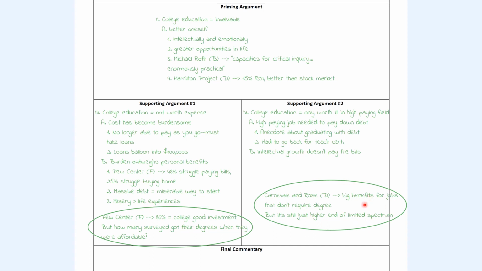In my supporting argument number 2, I want to acknowledge what Carnevale and Rose say in source D, that there are big benefits even for jobs that don't traditionally require degrees. They're a little bit vague on that, but what they're implying is that you do get a little bit of a pay bump statistically, even if your field doesn't require a degree and you have one. However, that's still just at the higher end of an already limited spectrum.